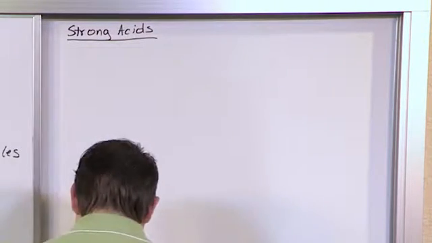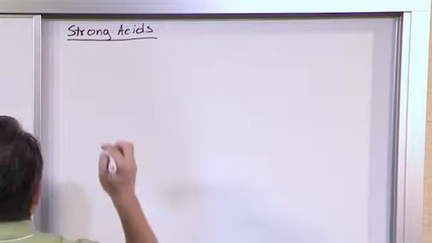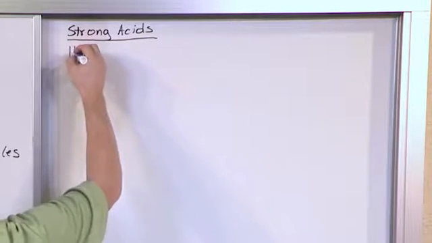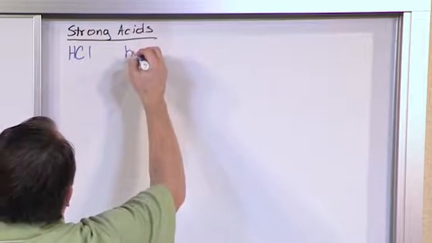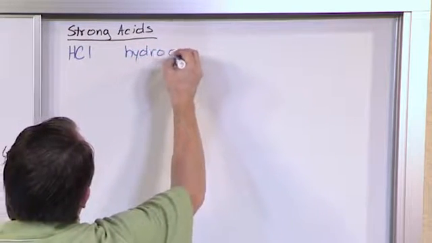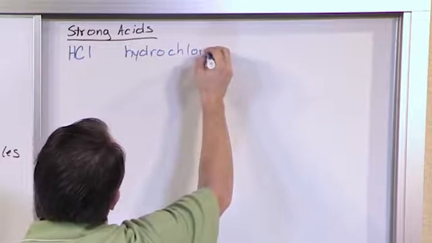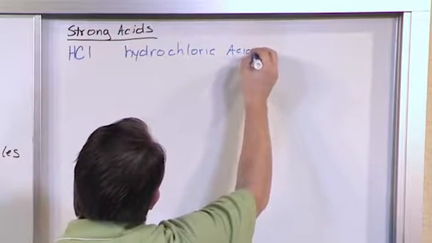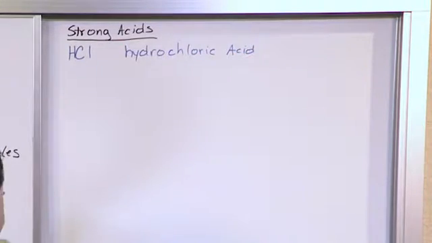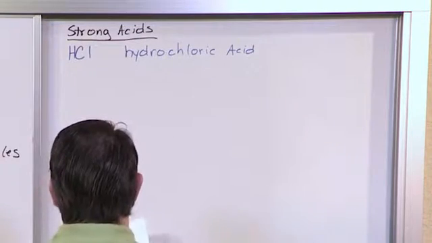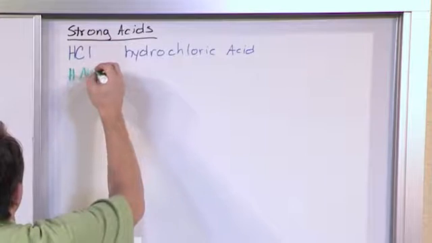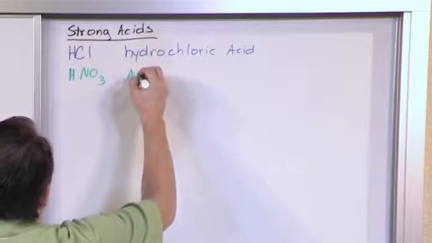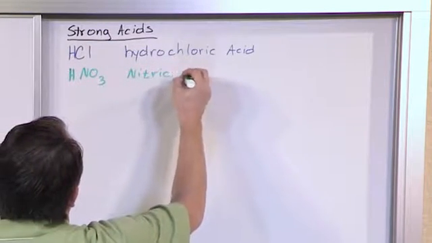Probably the most common thing you're going to run into is HCl. We've talked about that, and that's hydrochloric acid. Probably the next most common thing is nitric acid. That's HNO3, nitric acid.